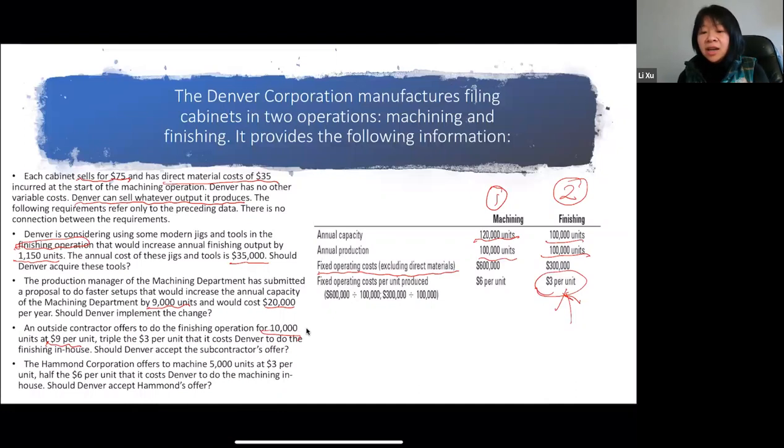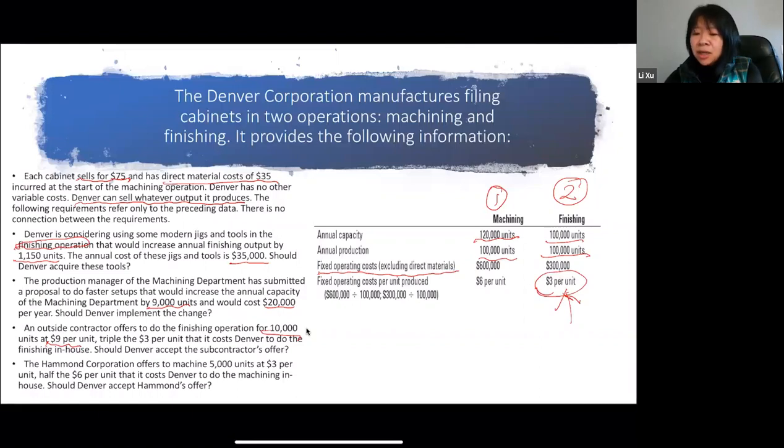So should the company accept this offer? This is slightly different from the action we had before, because for the finishing department, the finishing department has a bottleneck on the capacity.